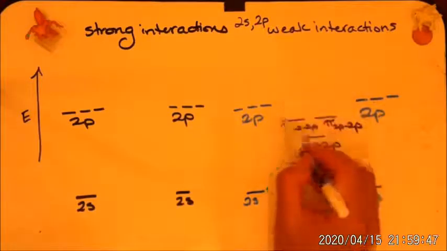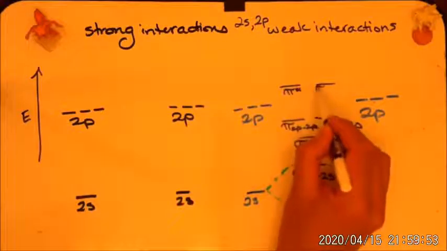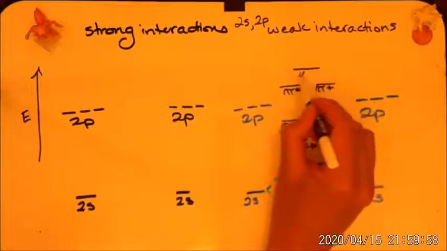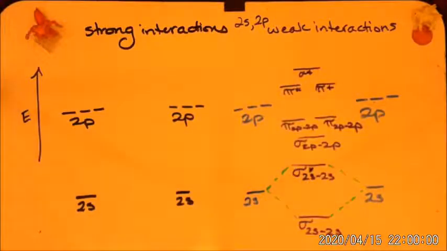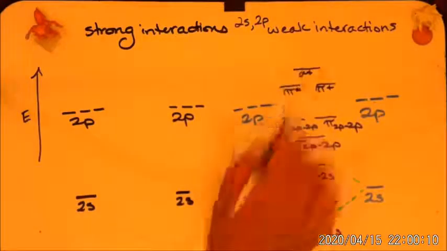Alright? And then equal and opposite energies. Pi star 2p 2p. And up here, sigma star 2p 2p. And the only reason I'm not writing 2p 2p for these is it's beginning to get really messy. Okay? It'll be hard to read. So I just want to kind of keep it that way. But you know these are going to be 2p 2p.